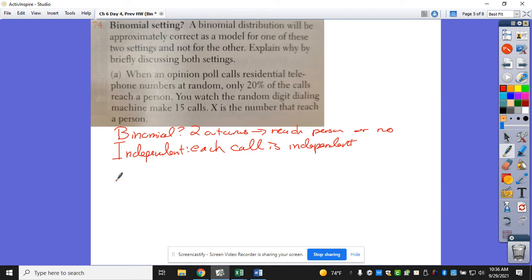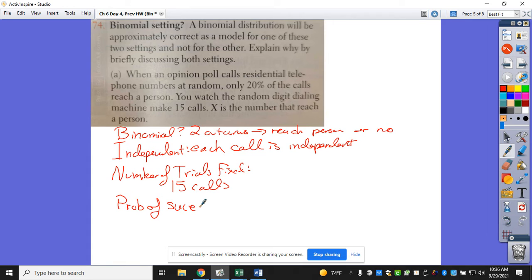What's my next thing? Number of trials. And what do I know for this problem? 15. And then the last one? Probability stays the same.